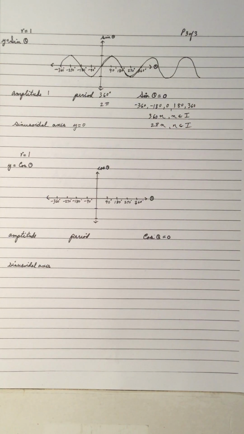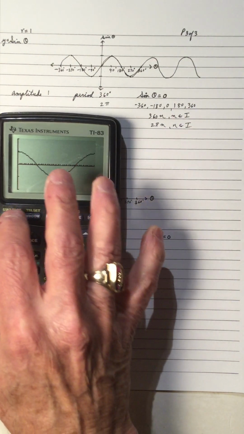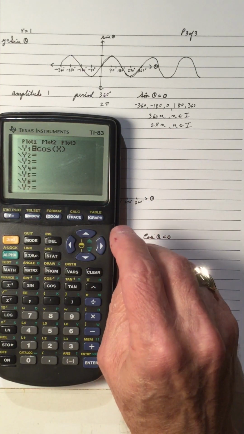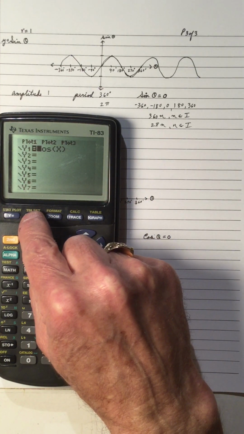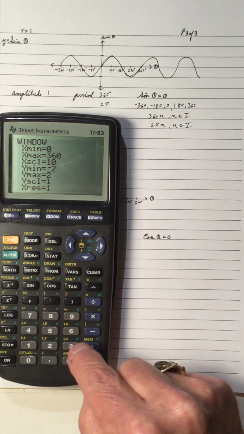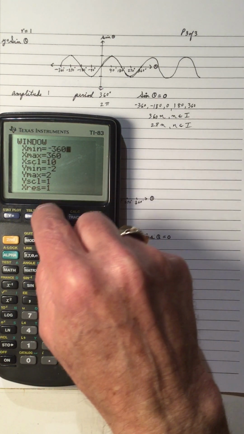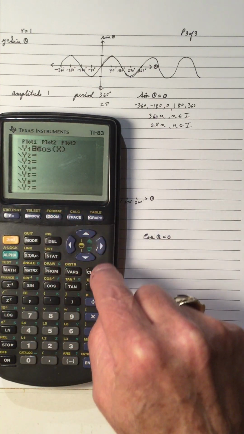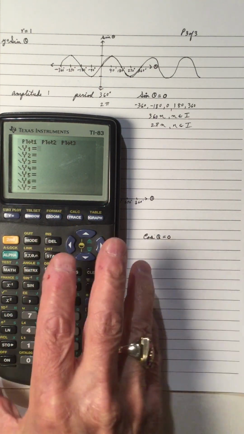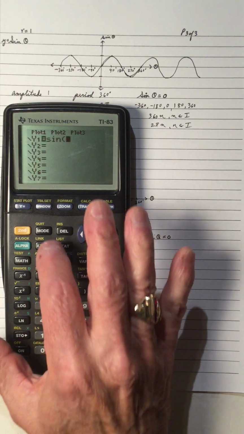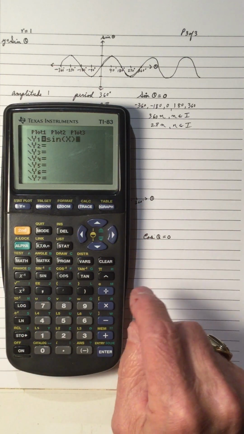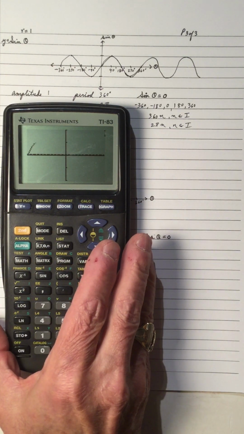And if we want to look at, let's see what graph I got here, but I got to change my window now. I got to go from negative 360. Now I have the window right, and let's look at clear and do the sine. Oh, move that over, sine, and let's graph and see.